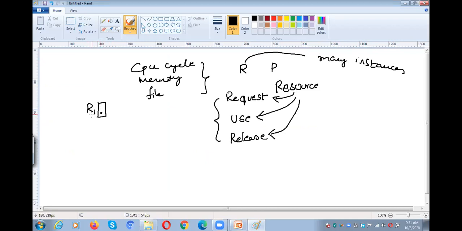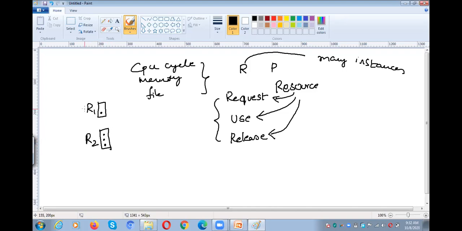That means only one resource of the type is available. For example, there is a resource called R2. We have multiple resources available of type R2. So each dot represents an instance. That means in a system, three R2 type resources are available.